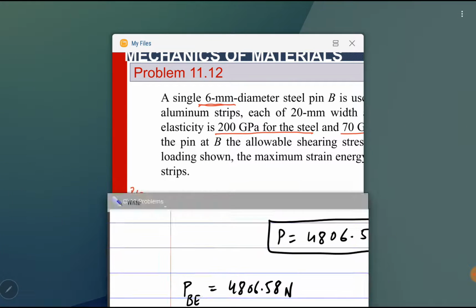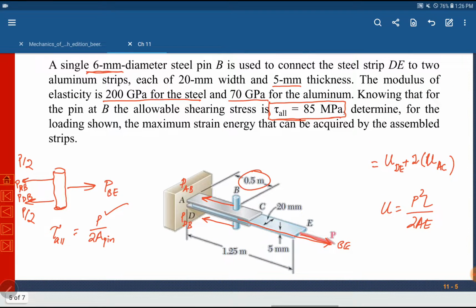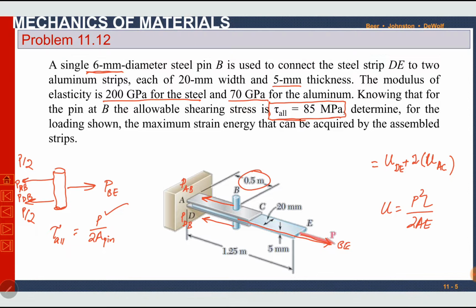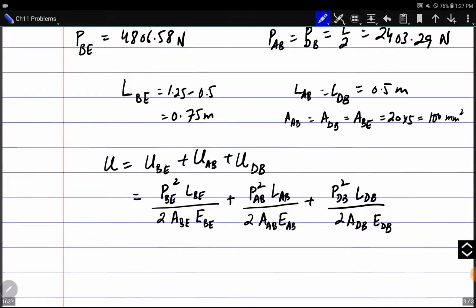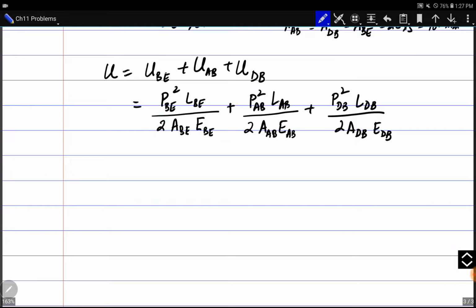E is given in the expression. The modulus of elasticity is 200 gigapascal for steel. This strip BE is steel, so we will use EBE as 200 gigapascal, and 70 gigapascal for aluminum. So AB and DB are 70 gigapascal.